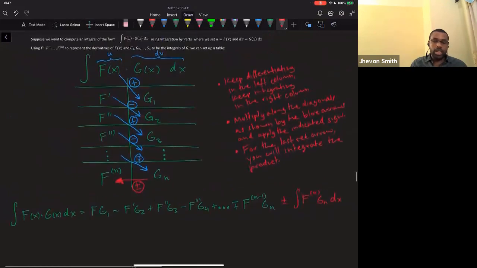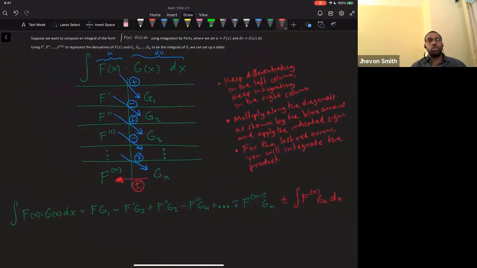This is a generalized integration by parts, which we can streamline via the table, right? It turns out that's integration by parts in its most general form.